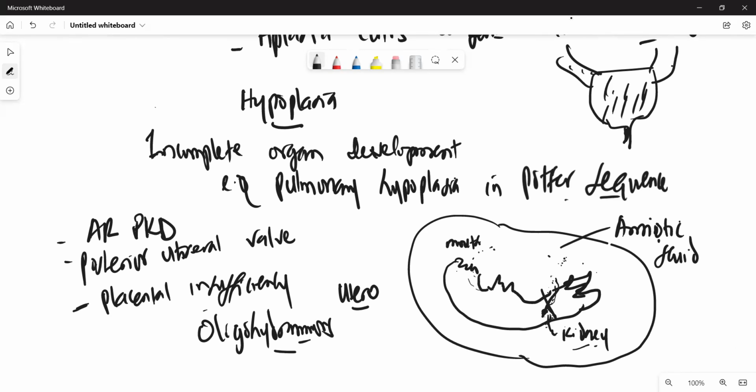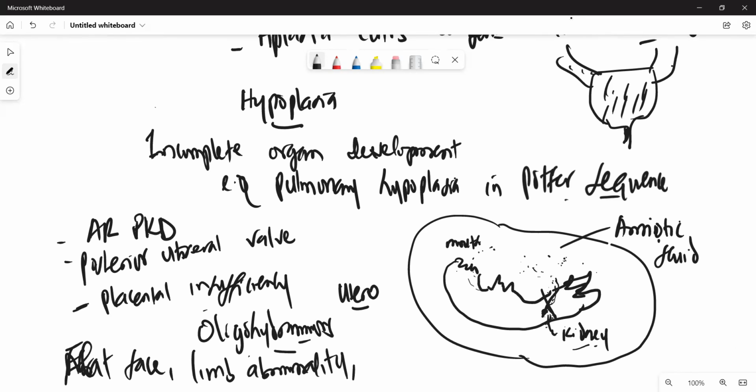Also there's less fluid pushing, so that leads to compression of their face. Their face is going to be flat, and there's limb abnormality because the limbs are compressed. And of course the lung is not going to develop well, so they develop pulmonary hypoplasia. The most common cause of death in them is pulmonary hypoplasia.